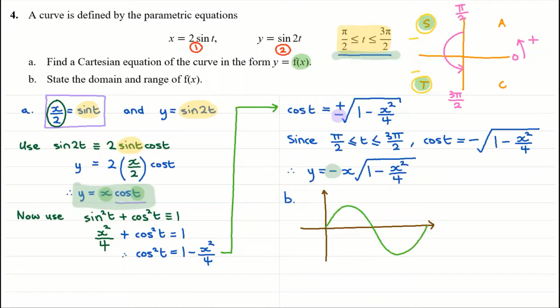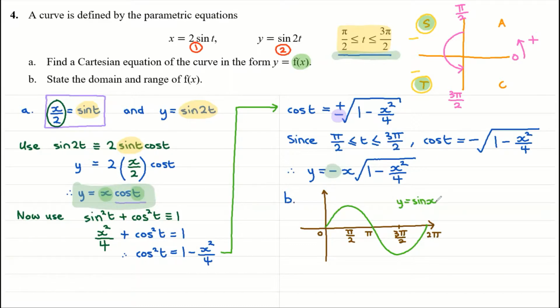We'll put those numbers on. So we've got 0, pi over 2 at the maximum, pi there at the node, 3 pi over 2, and 2 pi. And this would be y equals sine x, for example, or sine t, or whatever, it doesn't matter.